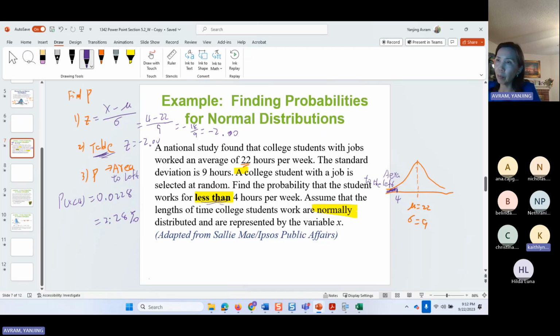Just round to one decimal, 2.3%. So only 2.3% of the people work less than 4 hours per week. That means quite a bit of the people work more than 4 hours a week. So that is how you do this one.